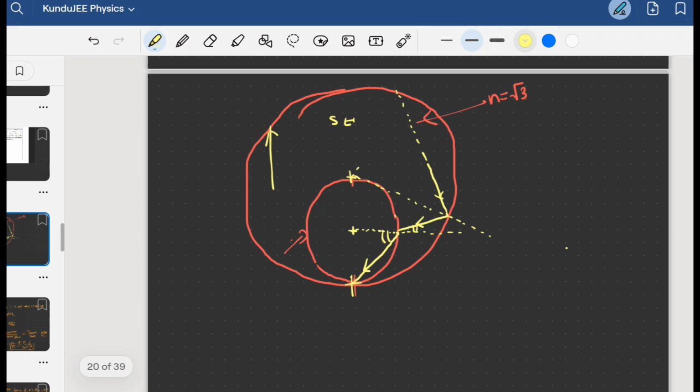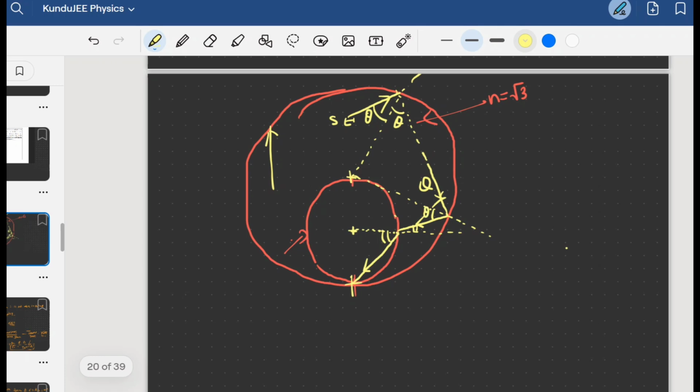Again, I will join with the center so that I can make the normal all the time. This is where our light source was emitting light initially. This is our angle theta. Similarly, the reflection angle is also theta, this is also theta, and this is also theta.